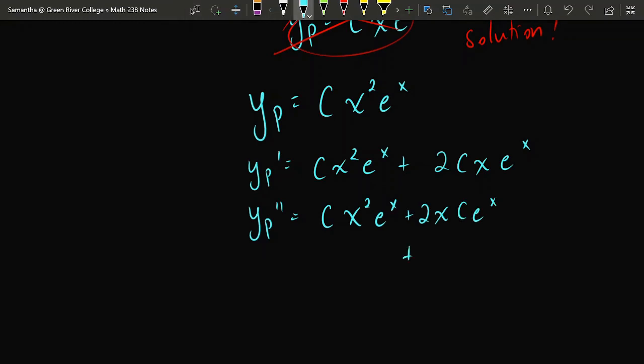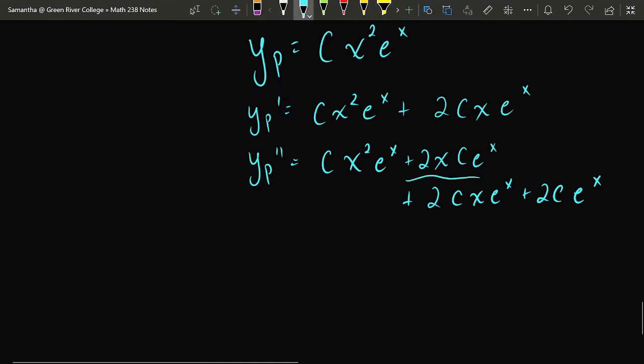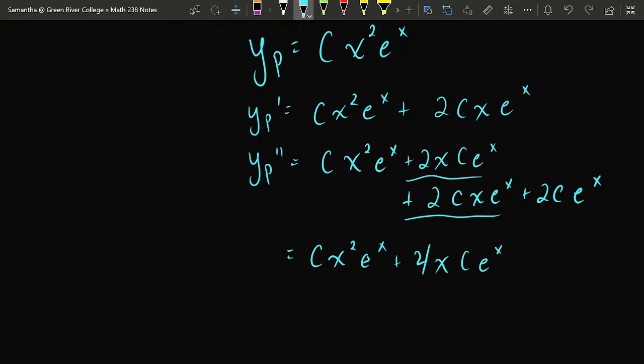And then one more time, 2cx e to the x plus 2c e to the x. These two middle terms are identical, they're just written in slightly different orders, so they can be combined. 4cx e to the x. Actually, let me put c first.